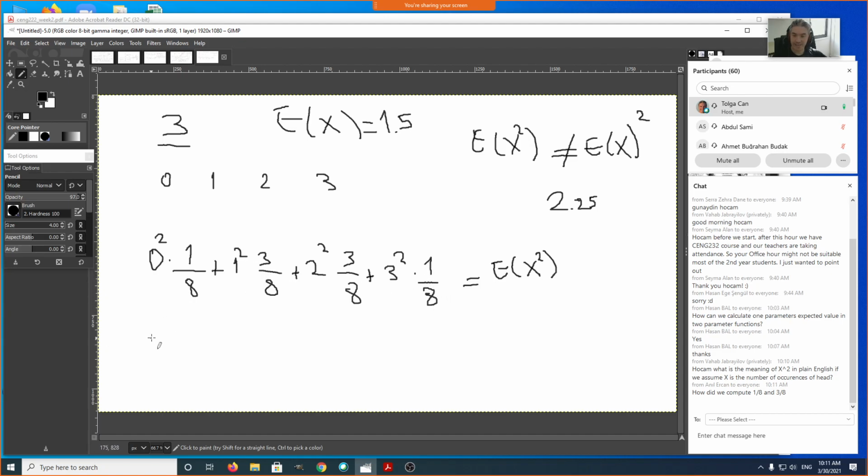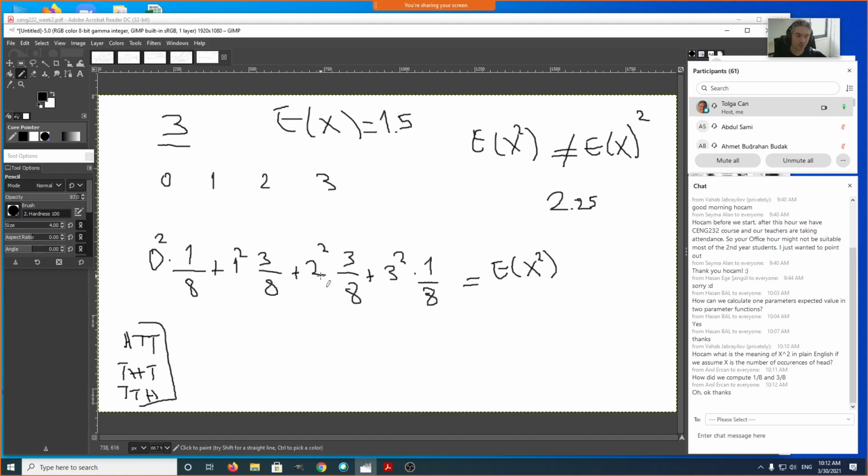To obtain 1 head, there are 3 outcomes: H, T, T; T, H, T; and T, T, H. Since each outcome is equally likely if we have 3 fair coin tosses, out of all 8 possible outcomes, these 3 give me 1 head, and therefore it's 3 over 8. And vice versa, the only remaining thing is the other 3 over 8. So this is what we get.